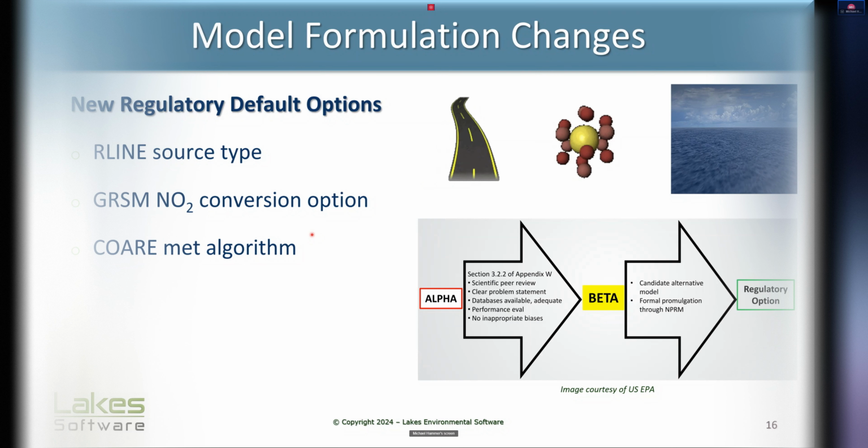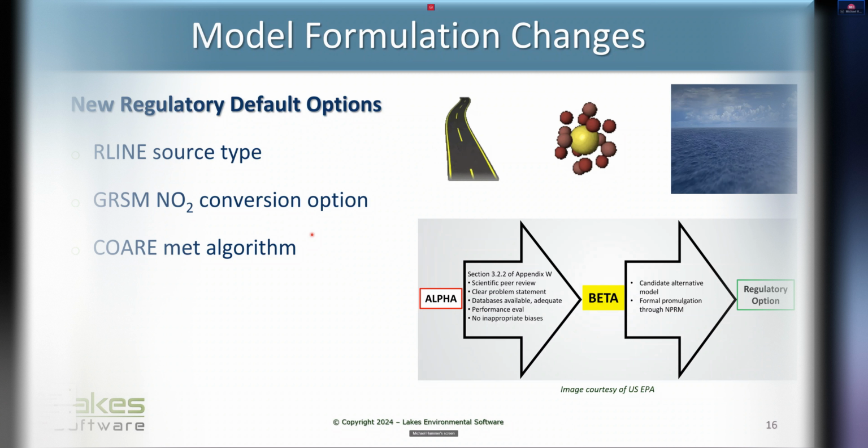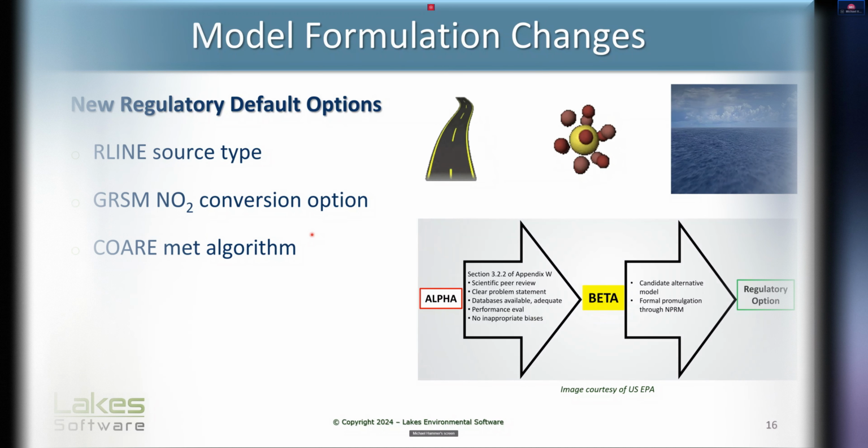By bringing COARE algorithms into AERMET, this can enhance AERMET's ability to assess what the marine boundary layer is doing. The intention is for AERMET to then replace the standalone AERCOARE program and eliminate the need for alternative model demonstrations to use AERMOD in marine environments.